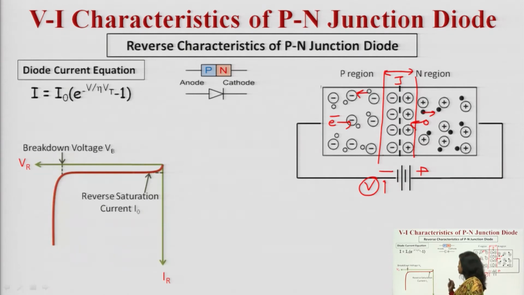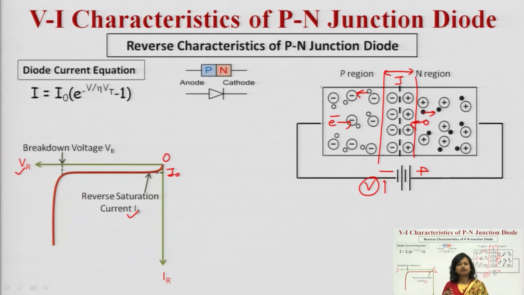So, you can see in this characteristic curve, VR is the reverse voltage which is being applied over here, IR is the current which is passing through the diode in a reverse bias condition. You can see initially a very small amount of current flows, which is the reverse saturation current denoted by I naught, but if you keep increasing this voltage, what will happen?